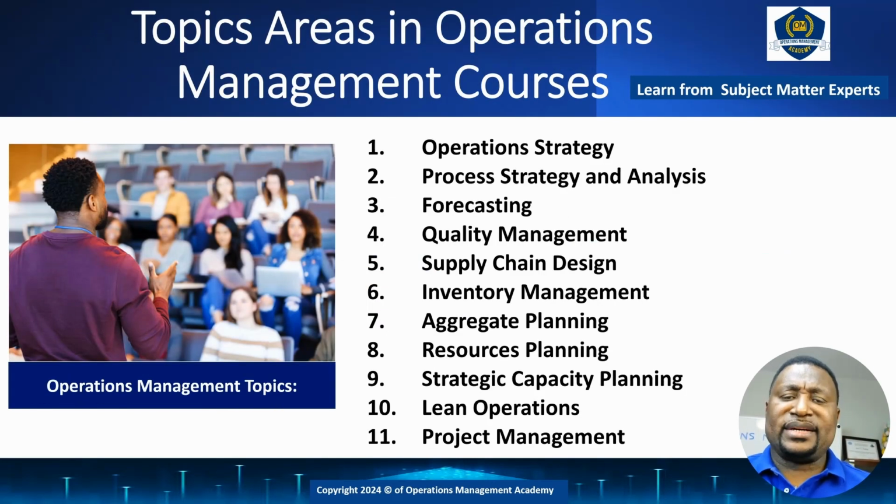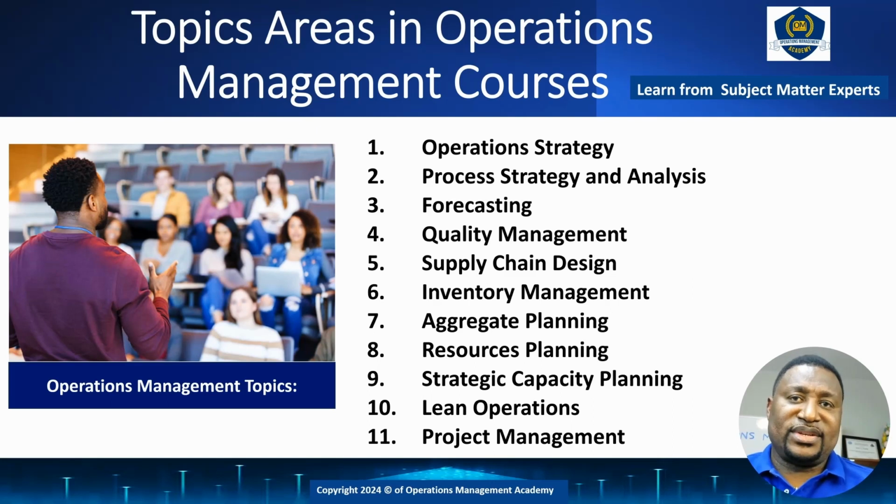Next, here we're going to talk about the topics area in operations management courses. So if you were to take an operations management course at a university, it doesn't matter what university you decide to go to, this is going to come in your 3rd year or 4th year.